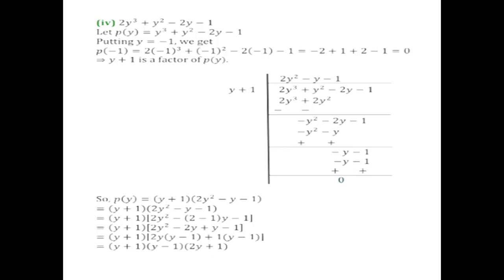So my final answer would include y plus 1, which I had obtained by the trial and error method, and y minus 1 and 2y plus 1, which are obtained by factorizing 2y squared minus y minus 1 by the middle term splitting method. So this was the solution to question number 4.